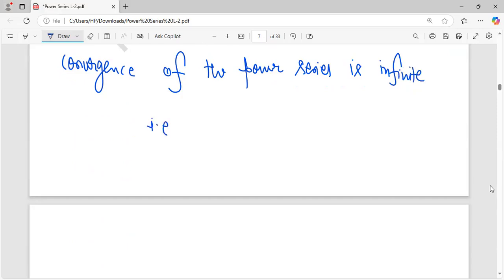It means R is infinity. Okay. Now we see the next example.